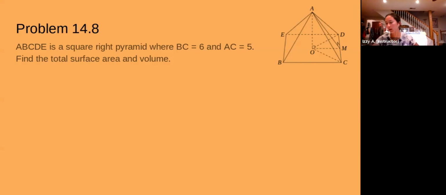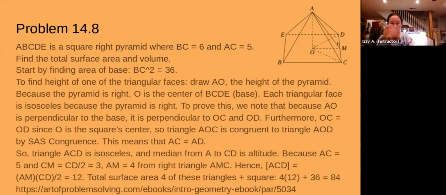Okay, so I'll go ahead and go over the problem. First, we're going to focus on finding the total surface area. To find the total surface area, we would start by finding the area of the base, which is going to be BC squared, so that's 36.